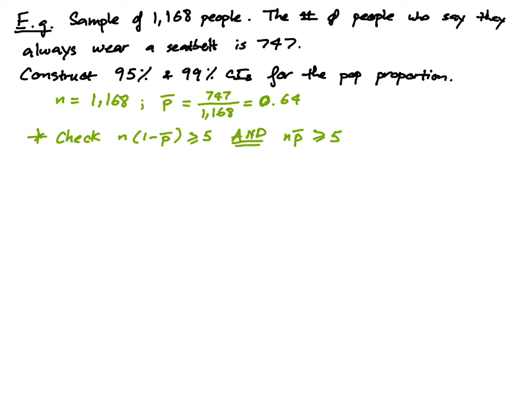So n times 1 minus p bar is 1,168 times 1 minus 0.64, which is equal to 421, which is greater than or equal to 5.